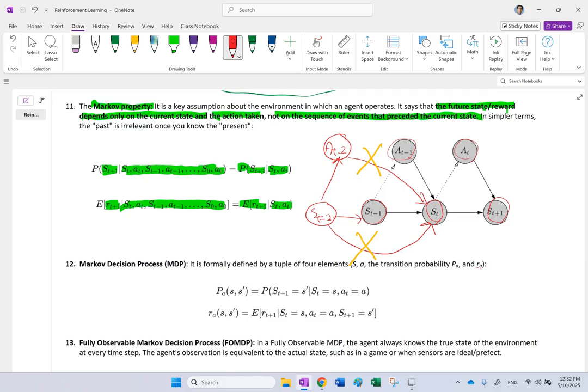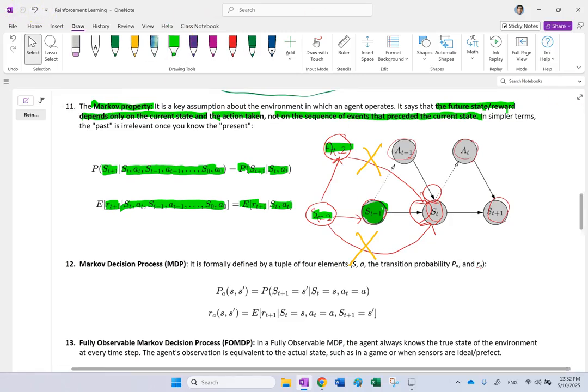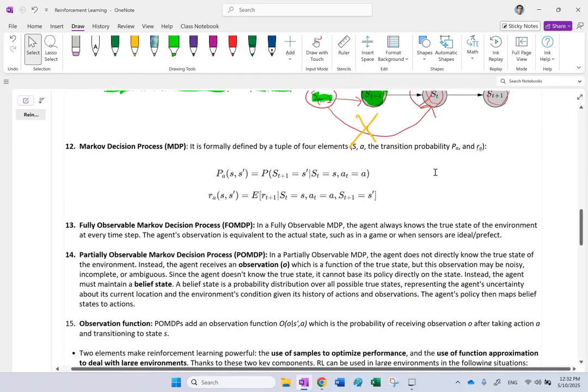I only have basically these two. These are the only things that matter, because the effect of these previous ones is hidden inside this one. This s_{t-1} has the effect of a_{t-1} and s_{t-1} in it. So it's an implicit effect or contribution. It's not really an extra explicit one. So that is called the Markov property, which is used a lot to formulate reinforcement learning problems and solve them.